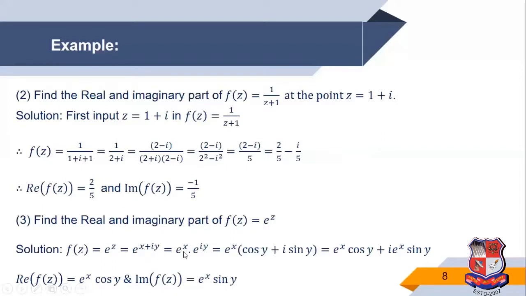So we write e^x into e^(iy). We know that e^(iy) is cos y + i sin y. Therefore we get e^x cos y + i e^x sin y. So e^x cos y is the real part and e^x sin y is the imaginary part.